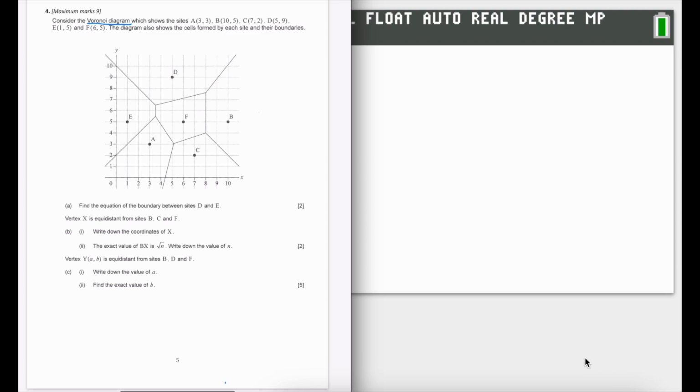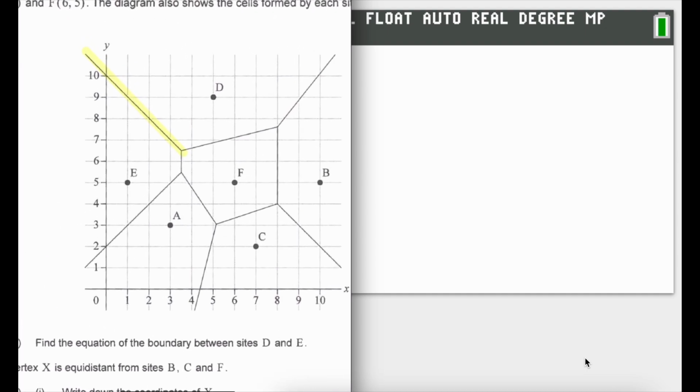So the first part of the question is to find the equation of the boundary line between D and E, which would be this line here. We can see there that the gradient, if I zoom in a little bit, is 1 or -1. We go 1 down and 1 across, 1 down and 1 across.